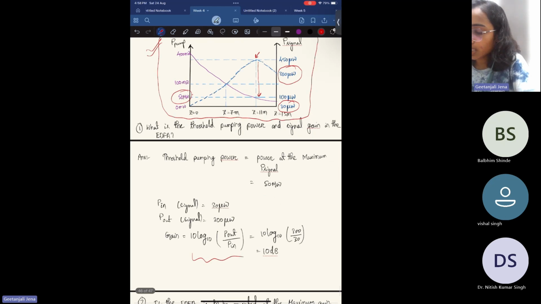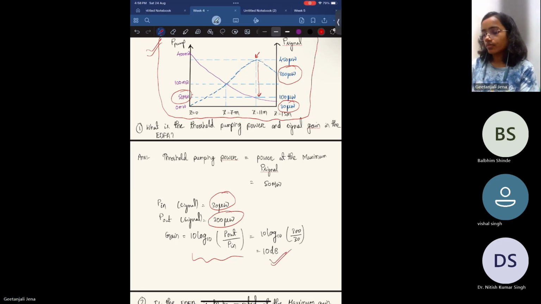So gain will be 10 log 10 of 300 by 30, which means it will be 10 dB, right? In this way, you can find out the gain as well as the threshold pumping power that is required to amplify the signal.